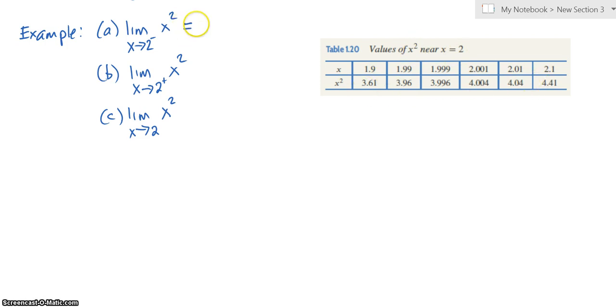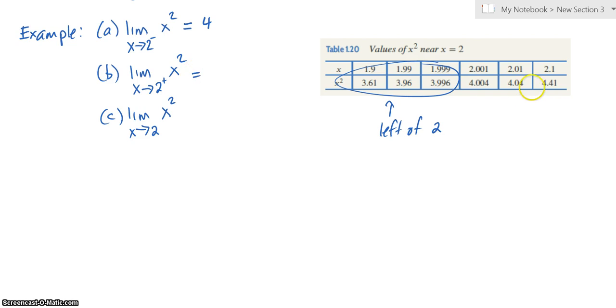So from the left, we're going to be looking at these values. These are the values from the left of 2: 1.9, 1.99, 1.999, it looks like it's going to 4.